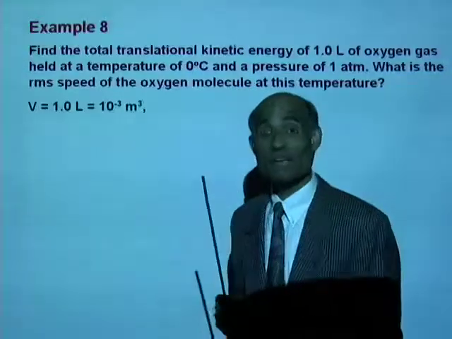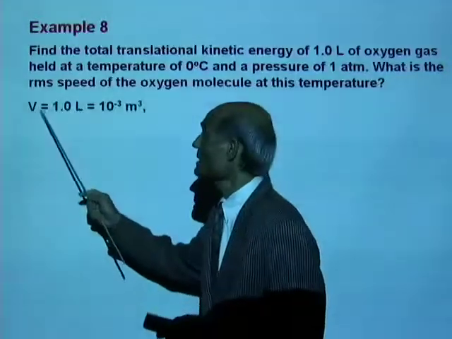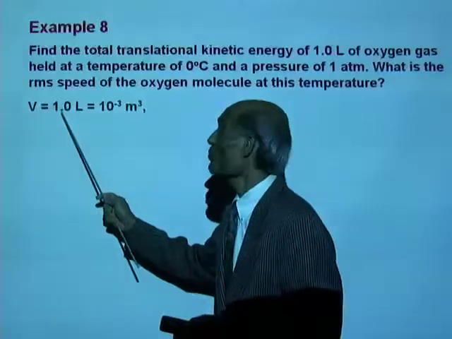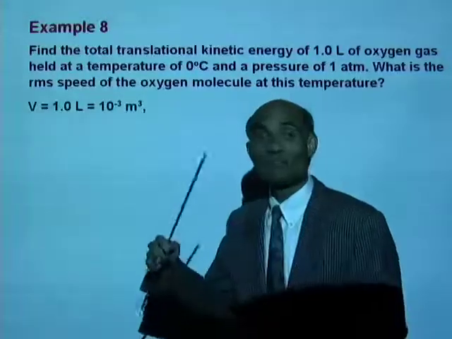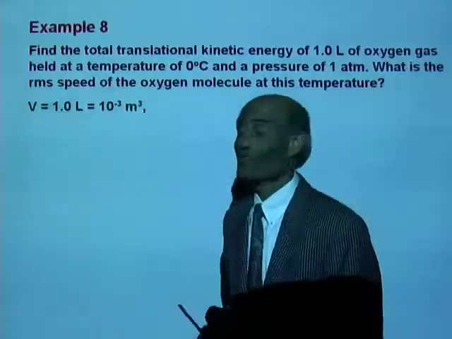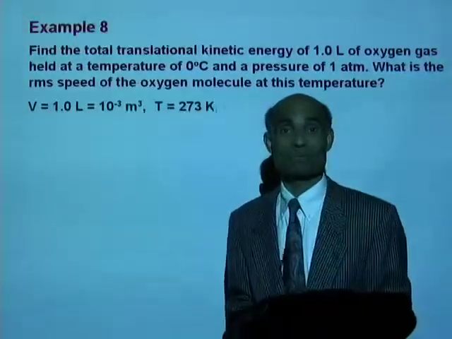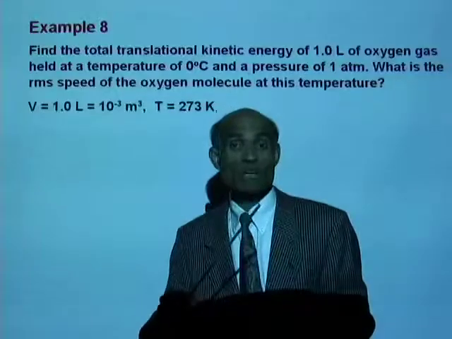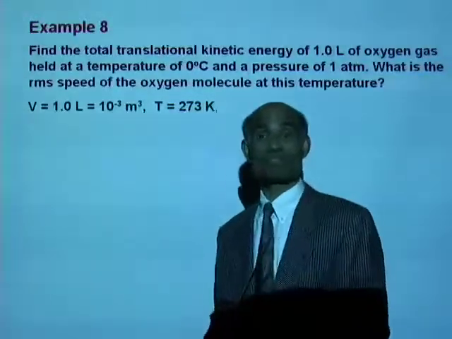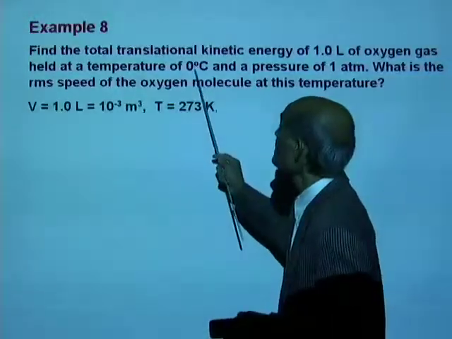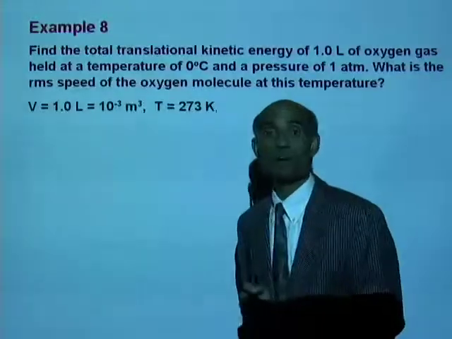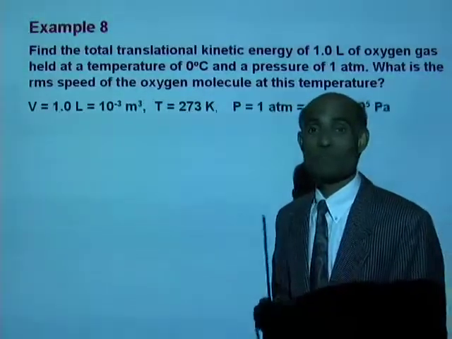You have two things to calculate. Let's pick our data. The volume of the gas is 1 liter, and convert that to meter cube. That will be 10 to the power of -3 meter cube. Is that right? 1 liter is 1,000th of a meter cube. The temperature is 0 degrees Celsius, 273 Kelvin.